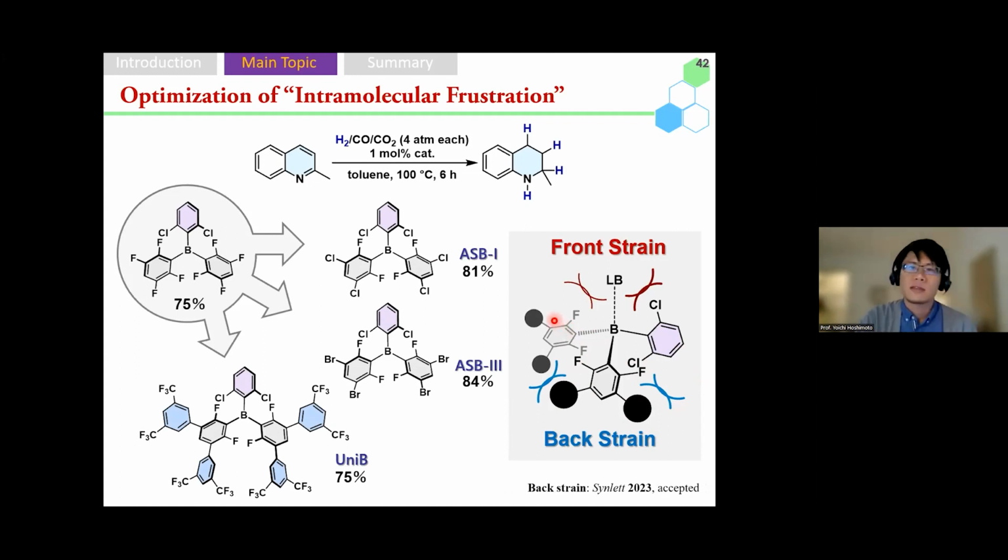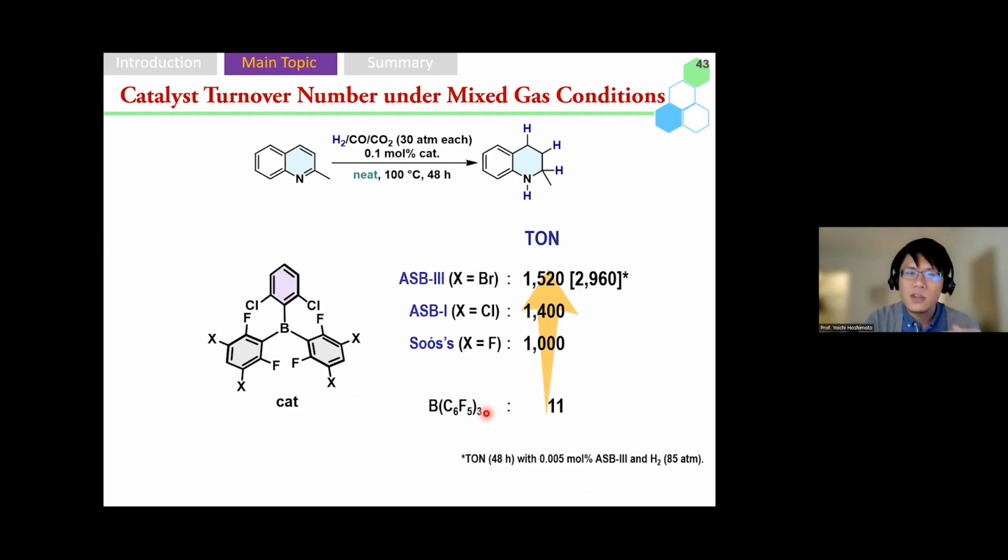What we did is the substitution of meta-fluorine atoms with chlorine, bromine, and bulky aryl groups. Especially in the case of chlorine and bromine, catalyst activity was improved. So in order to precisely evaluate the catalytic activity, we carried out a reaction under neat conditions with crude hydrogen in the presence of 0.1 mole% catalyst.